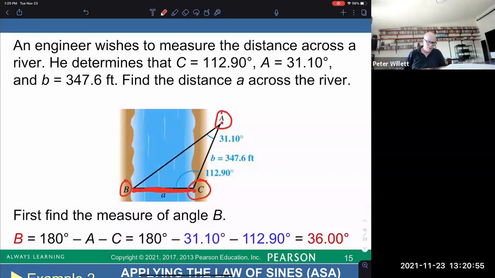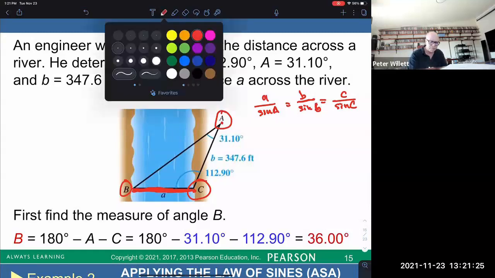All right, so what does the process look like? Well, it's still going to use the law of sines. In the law of sines, we normally have A over sine A, B over sine B, and C over sine C. What we want to do is compare 2 of these fractions where we know 3 of the 4 things in them.